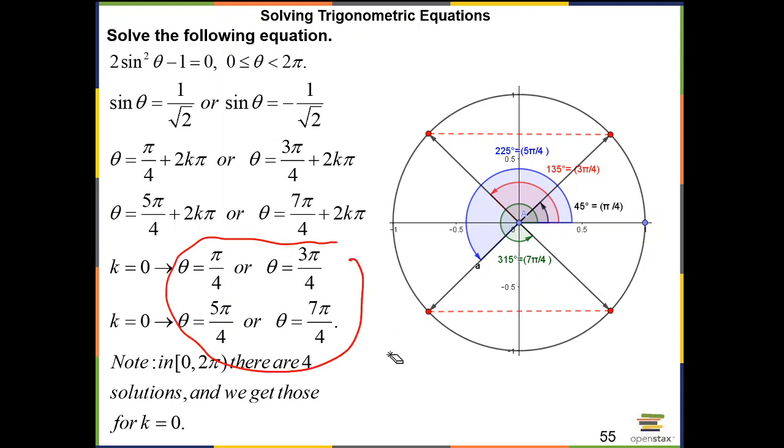And if we want to write them, usually we write them in a set like this: pi over 4, comma, 3 pi over 4, comma, 5 pi over 4, comma, 7 pi over 4. And we close the set, we say, this is the solution set in this interval for that equation.